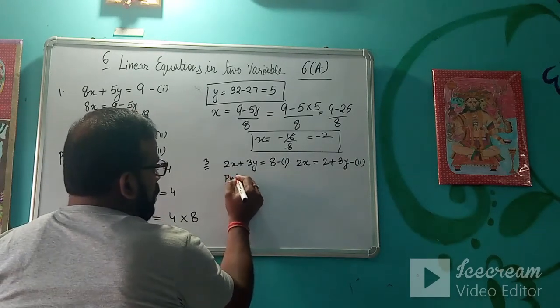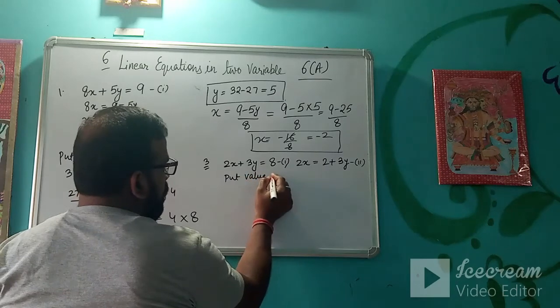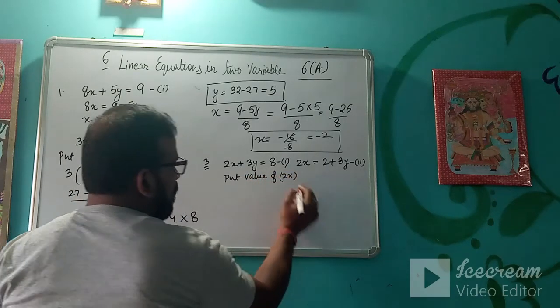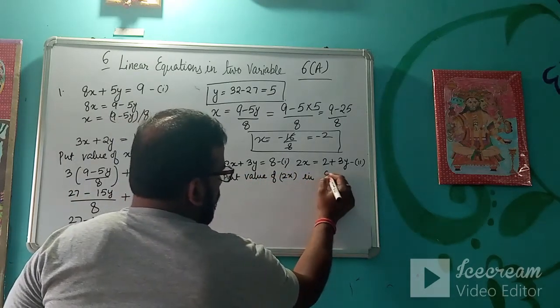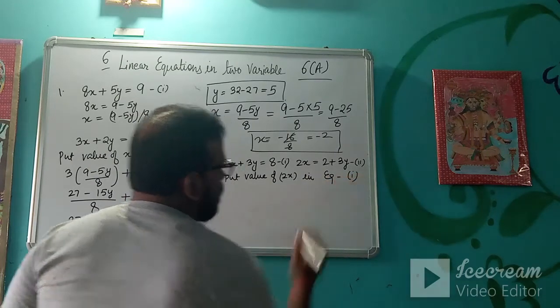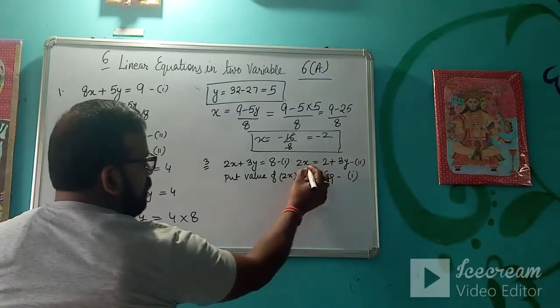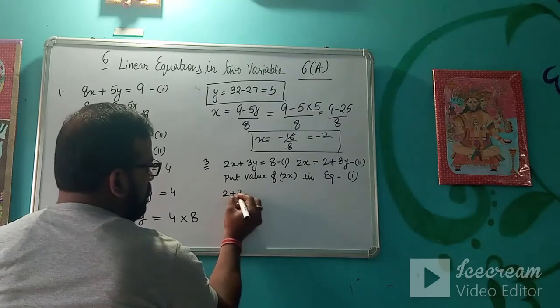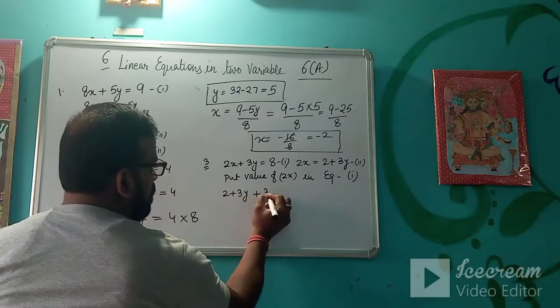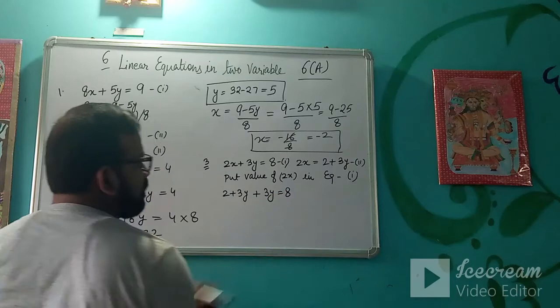So we will put the value of 2x in equation 1. So what is the value of 2x? 2 plus 3y, plus 3y is equal to 8.